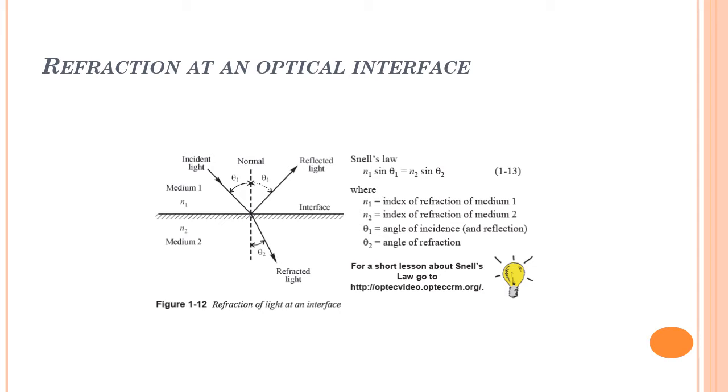So Snell's law is written as N1 sine theta 1 is equal to N2 sine theta 2, where N1 is the index of refraction of medium 1, and N2 is the index of refraction of medium 2. And theta 1 is the angle of incidence and of reflection, and theta 2 is the angle of refraction.